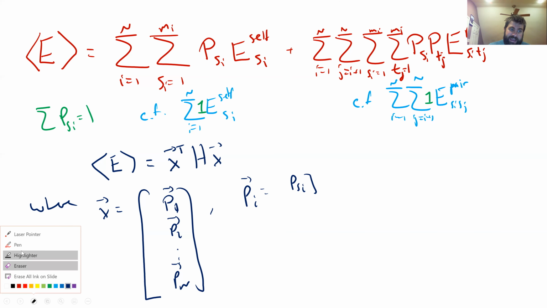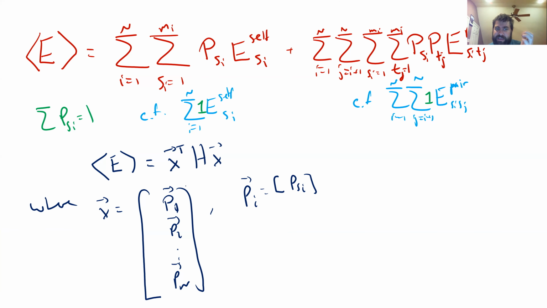So instead of having a vector X where each block has a single 1 and all zeros, each block has a set of probabilities that add to 1, but that may have many non-zero entries in them.